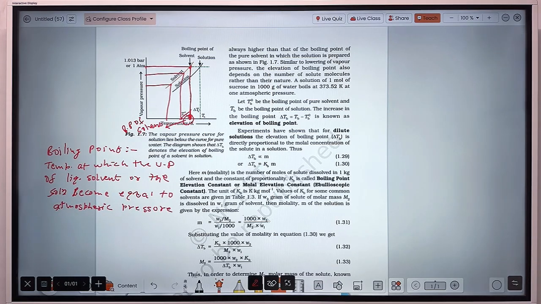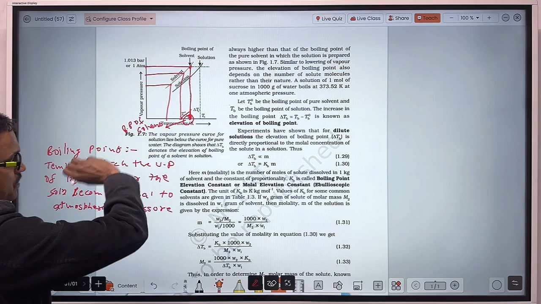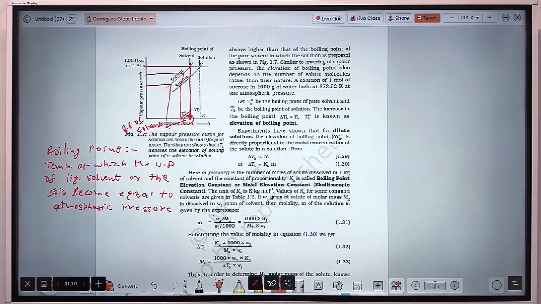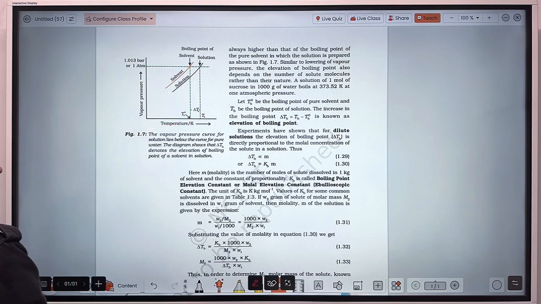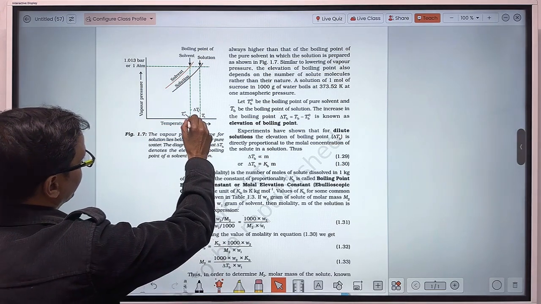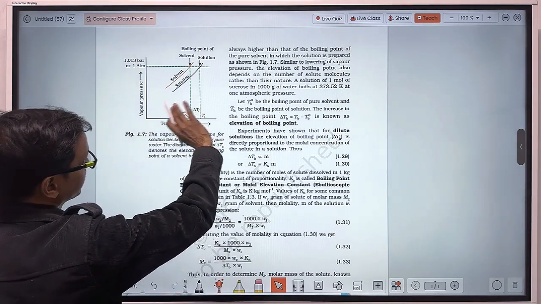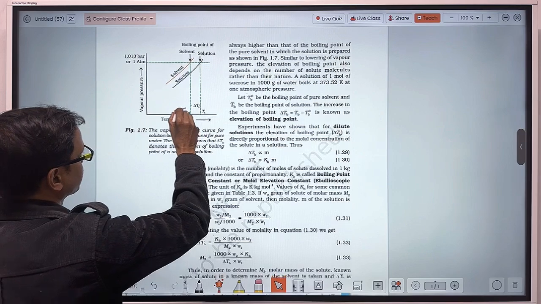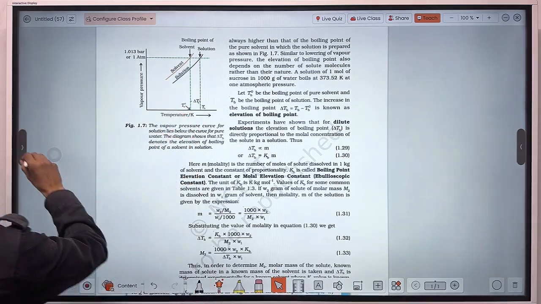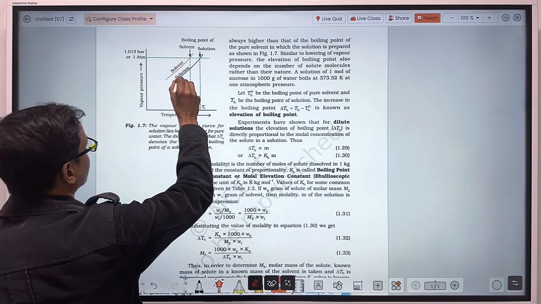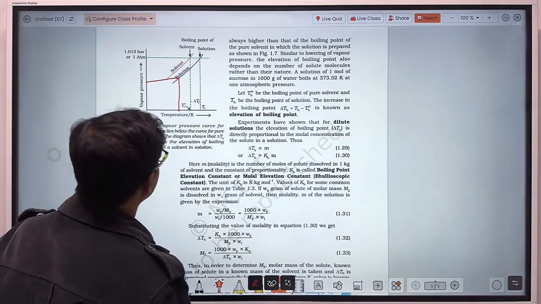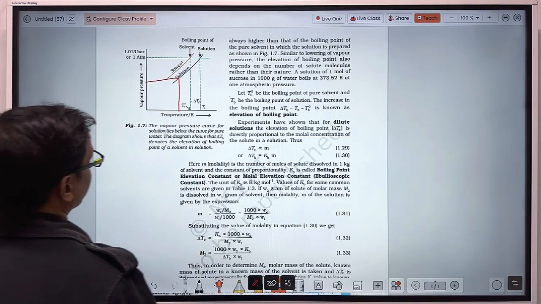Now, consider the graph of the vapor pressure of the solution against temperature. As you increase the temperature, the vapor pressure of the solution increases. At this temperature, the vapor pressure of the solution is this much, which is less than 1 atm.